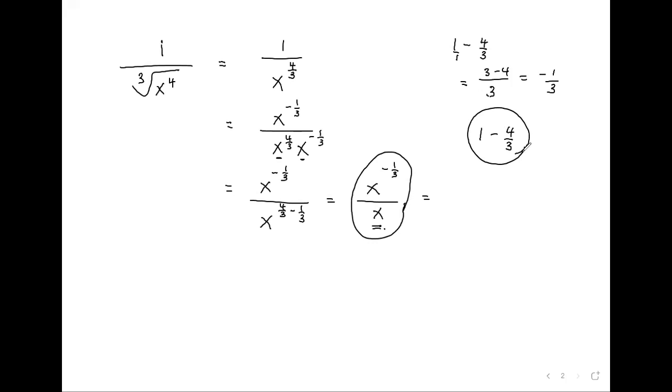The final answer is showing x to the power 1. The common denominator is 3. Then you have 4 minus 1, which is 3 over 3. This is 1. Okay.